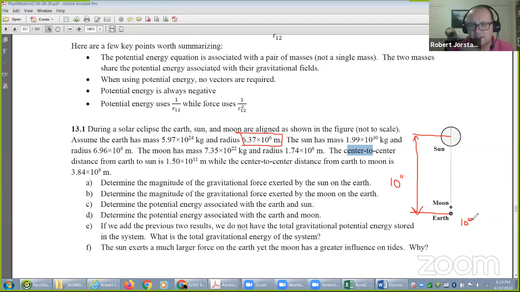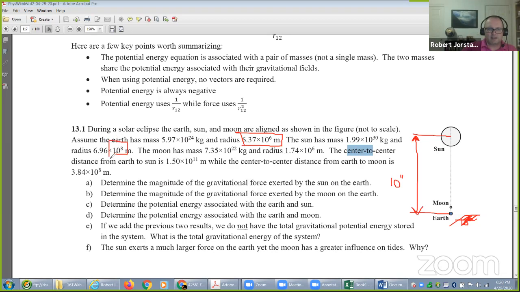Does the radius of the Earth matter compared to this distance? Think to yourself, and then I'll tell you. Does the Earth's radius matter compared to the Earth-Sun distance? The answer is not at all. Okay, look at the Sun's radius.